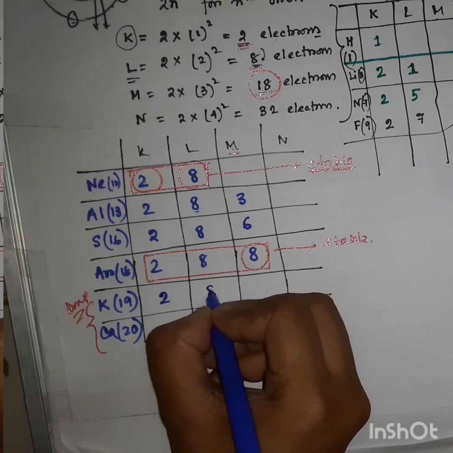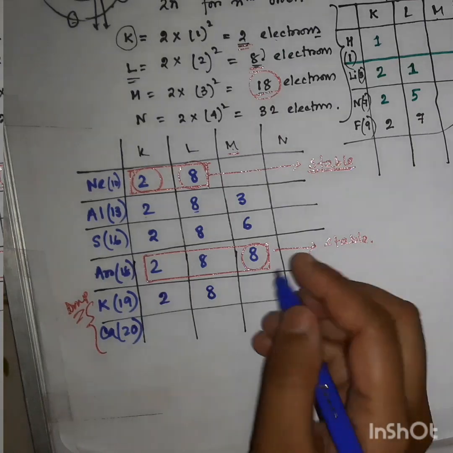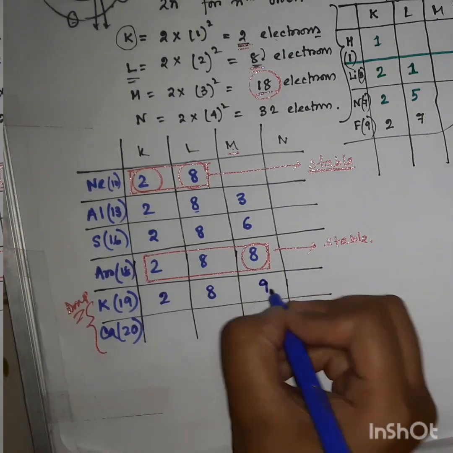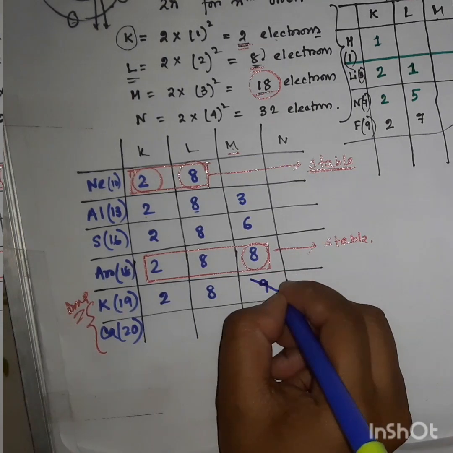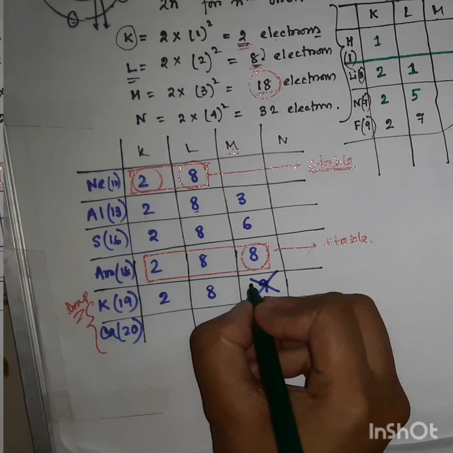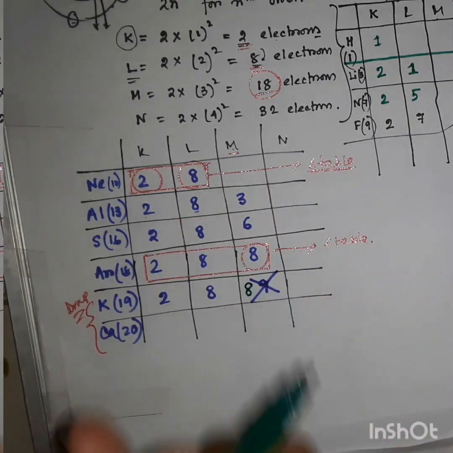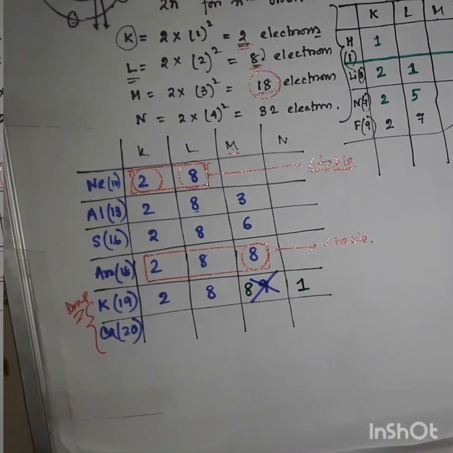For the L orbit, there are 8 electrons, that is 10 are filled. Next 9 electrons remain. I may put those 9 electrons in the M orbit. But this is not actually happening. So what is happening? 8 electrons are placed in the M orbit and the remaining 1 electron will come to the N orbit.